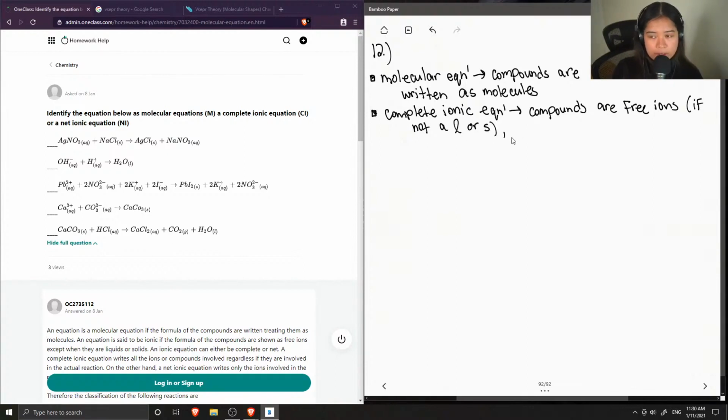And also in a complete ionic equation, everything involved is written down.